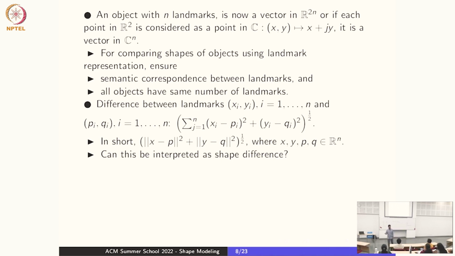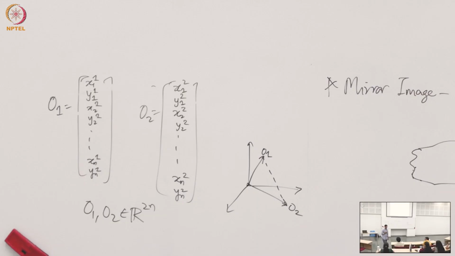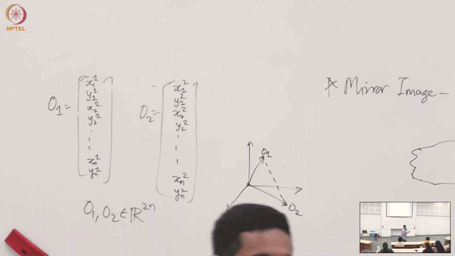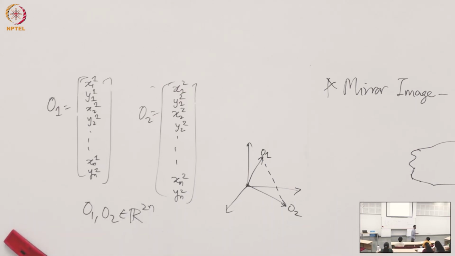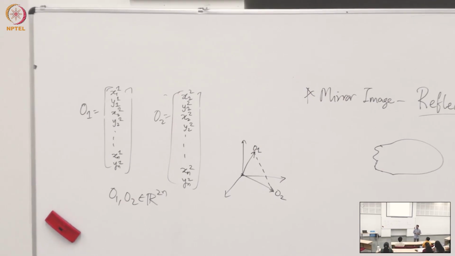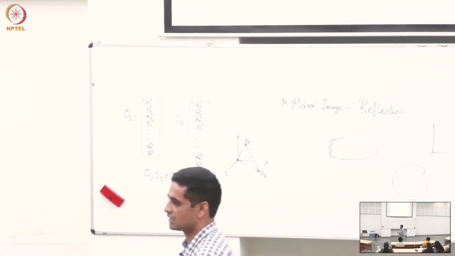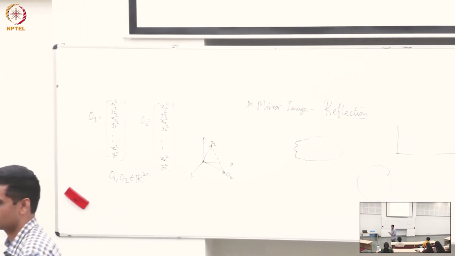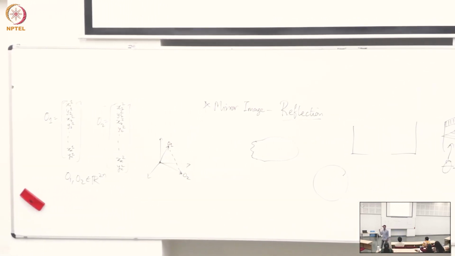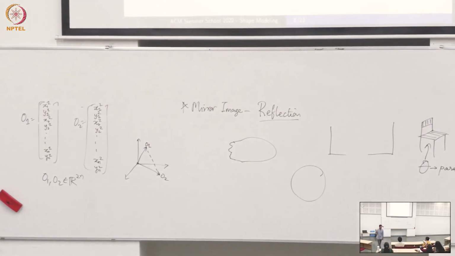And why can't we interpret this as shape difference? Exactly. So that is what we started out by, right? We defined shape as an information that does not change due to translation, rotation and scaling. That is something that we have not at all factored in over here.